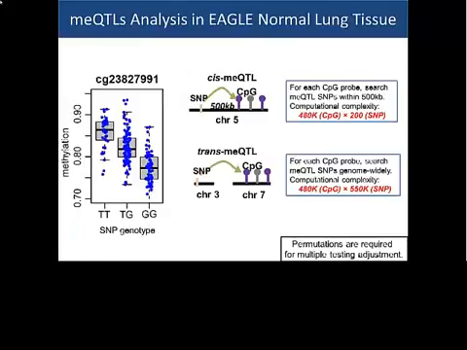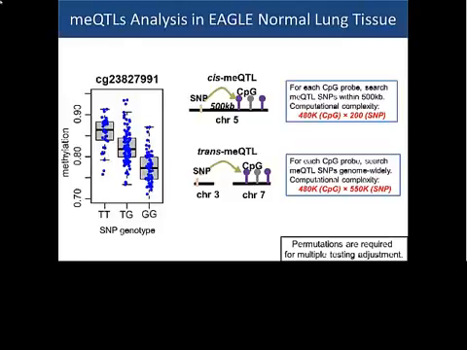So for the cis-methylation QTL analysis, for each targeted CpG site, we have to search SNPs locally. So the computational complexity is the number of CpG sites multiplied by the number of SNPs in the local region. Here it's roughly about 200 SNPs in this local region.